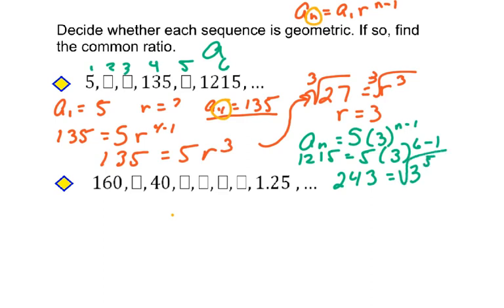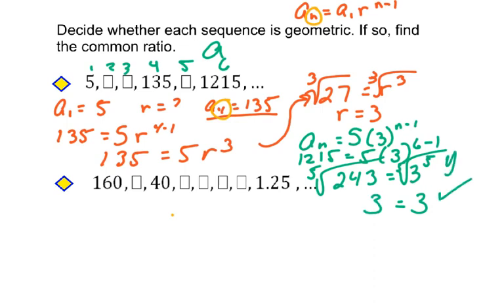And so we are taking the 5th root of each side of the equation. On the right side, we obviously just get 3. And on the left, if you did the fifth root of 243, you would also get 3.